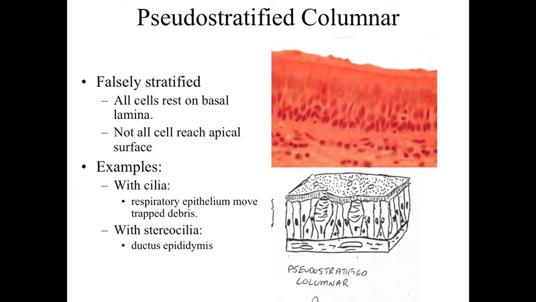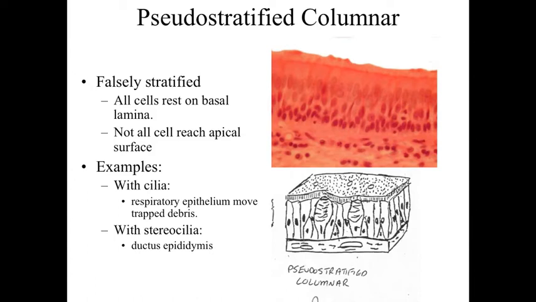The cells that are a little bit taller are able to squeeze further up into the epithelium towards that apical surface, and their nuclei are higher up within the epithelium. And because of that, it looks like the nuclei are stacked on one another. But in essence, all of the cells reach down to the bottom, but not all of them reach up to the apical surface.